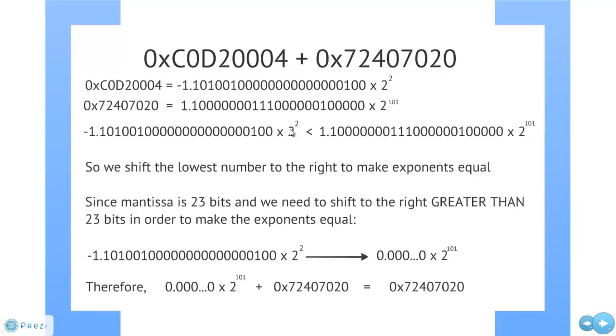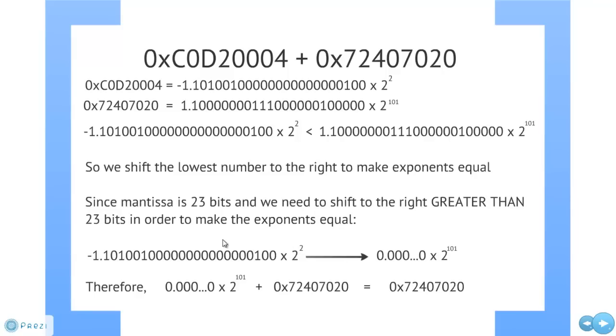But if you look closely, you'll see that the 2 raised to the 2 is 99 orders of magnitude away from 2 to the 101. And because the mantissa is 23 bits, and we need to shift to the right by more than these 23 bits in order to make the exponents equal, what this means is that our value times 2 to the 2 is going to end up being 0.